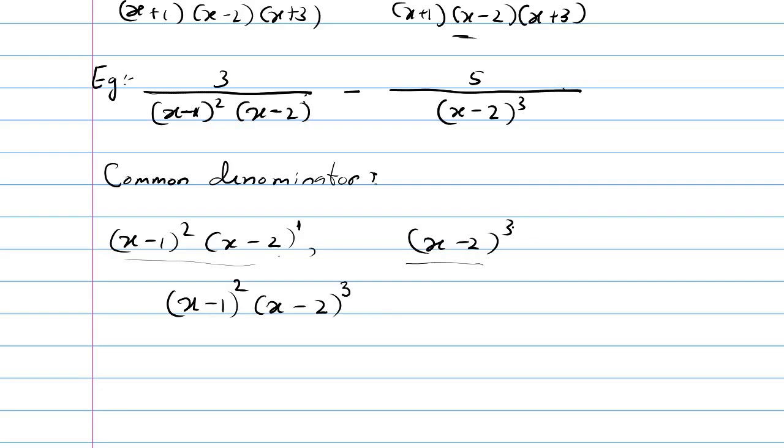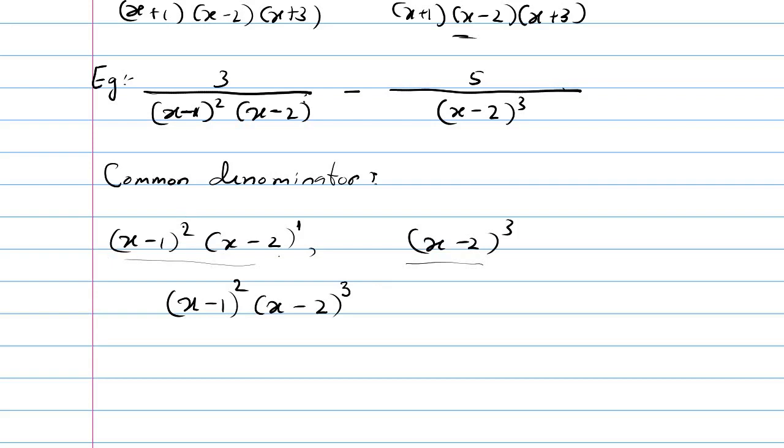So the maximum power is 3, so we pick the maximum power. So you see what you do when you want to find a common denominator: write the denominators, then pick all the different factors that you have in both denominators, and pick the highest power that you can assign based on the two denominators, right?